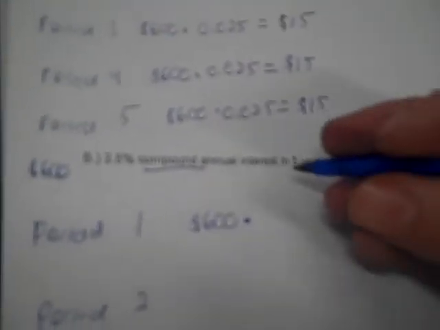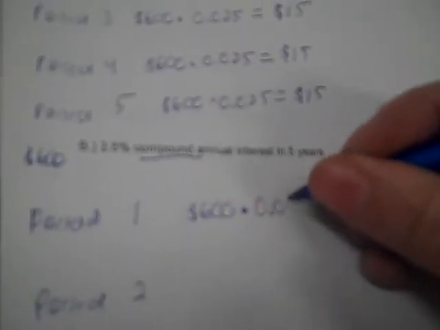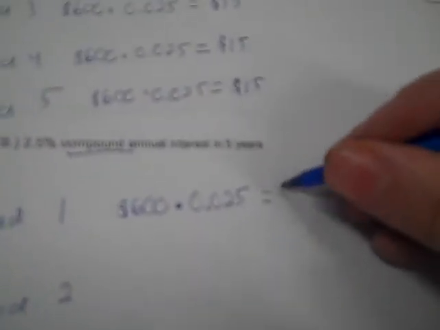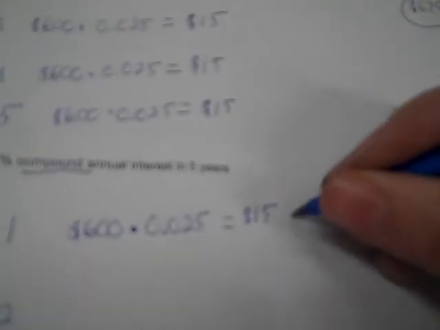By the way, come over here, 600 plus 2.5 divided by 100 is 0.025. Is $15. Okay.